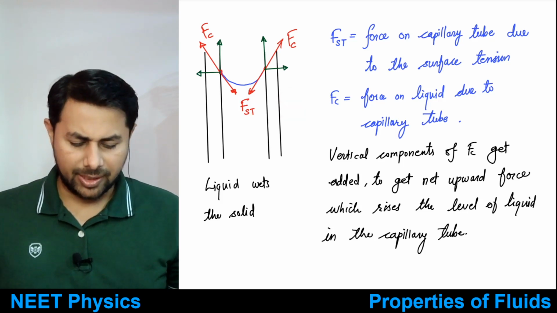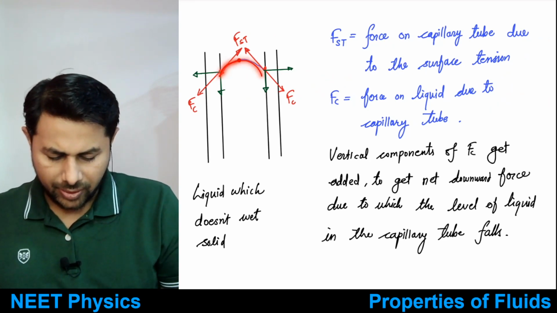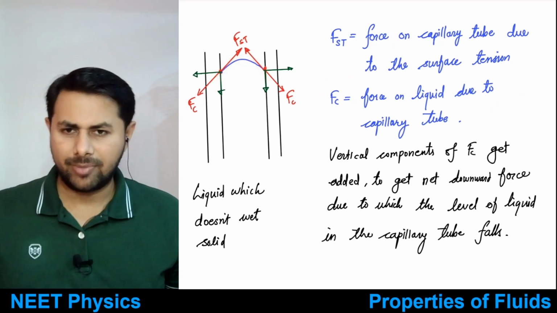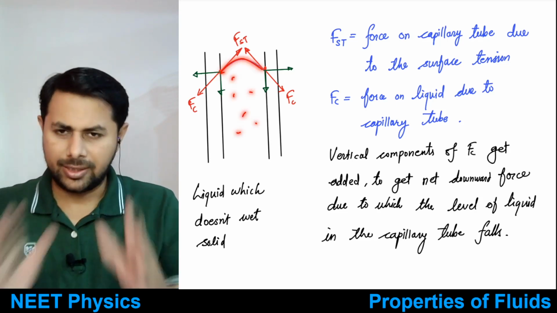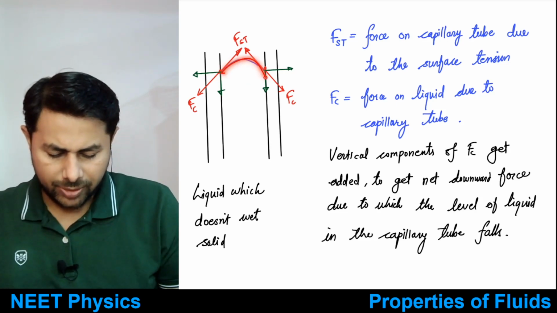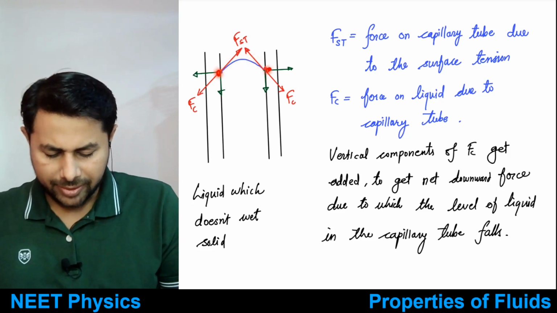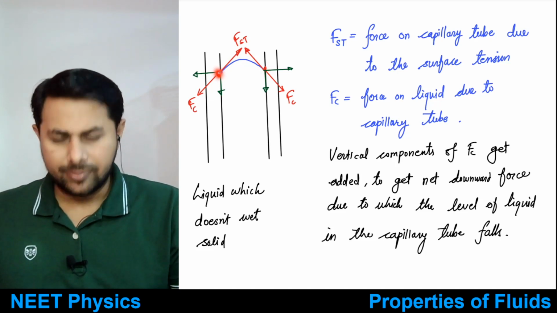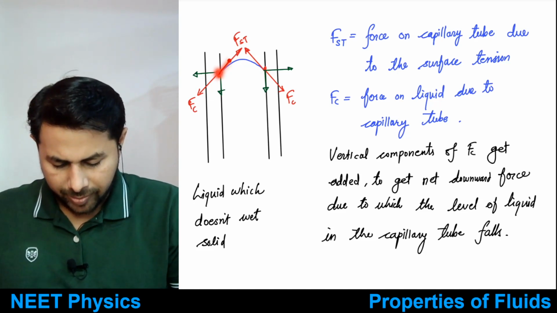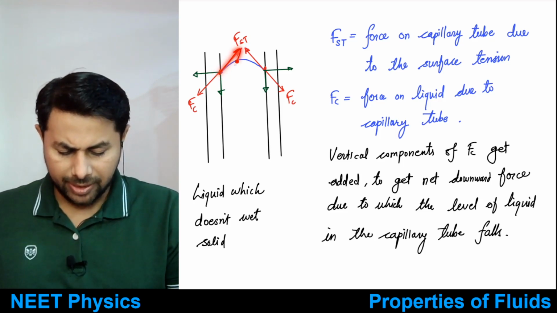Similarly, here now there is a convex meniscus. For example, mercury. Suppose there is mercury inside the capillary tube, it forms a convex meniscus. Therefore, now if you consider molecules of the capillary tube, then force on this molecule due to the surface tension of mercury will be in this direction.